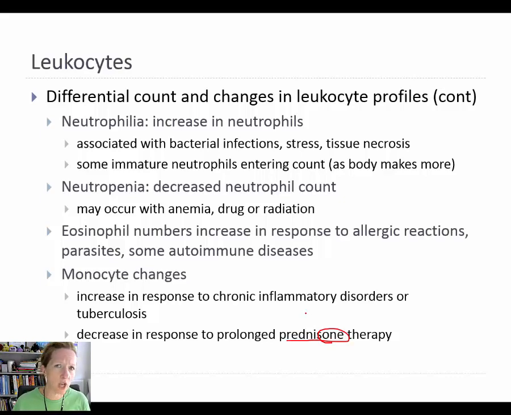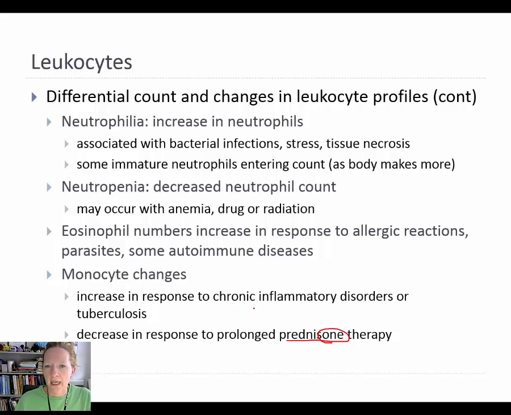So remember, one thing that we talked about with cortisol is that cortisol is also a steroid hormone that goes in and reduces inflammation. It does it by destroying some of these white blood cells. And that's similar to what prednisone does, going in and killing off some of the white blood cells, which here specifically would be monocytes.